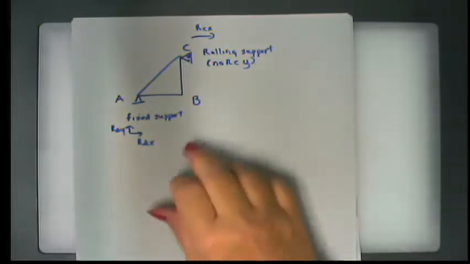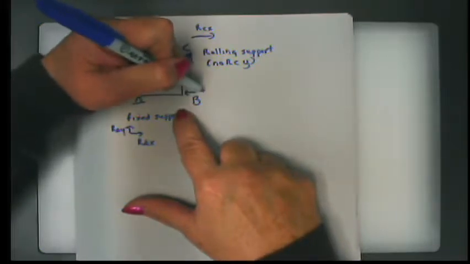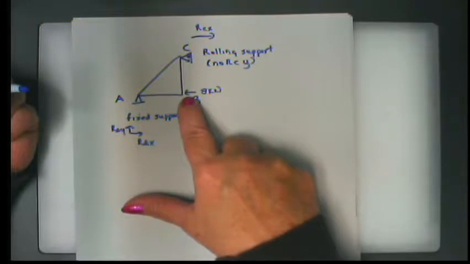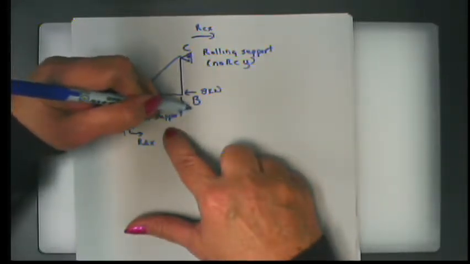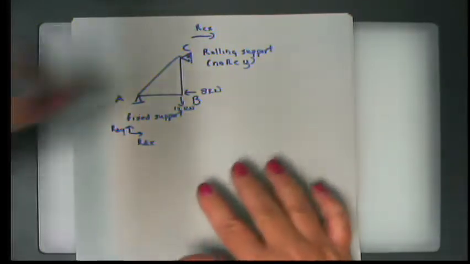All right, so then here at B, we're told that we have an 8 kilonewton force acting in the negative x direction and a 12 kilonewton force acting in the negative y direction. And it asks us for the force in each member.